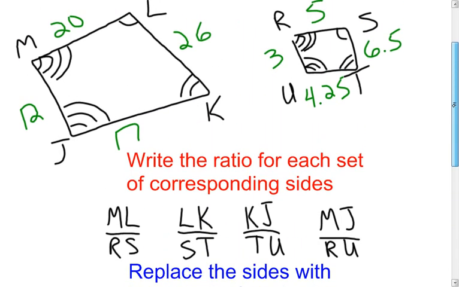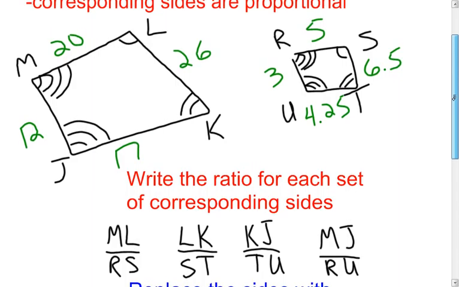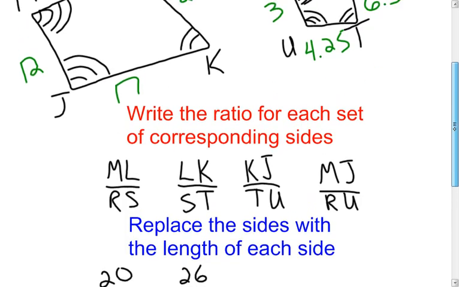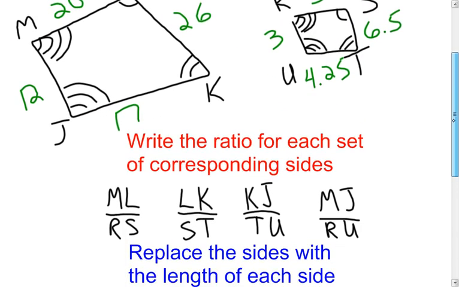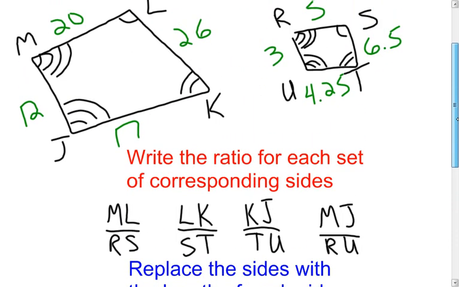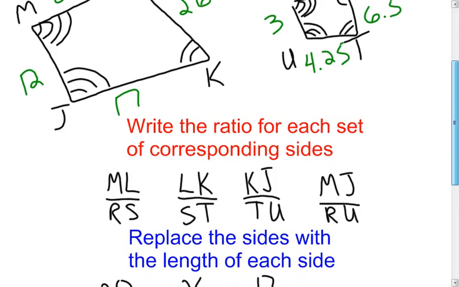Now I have the length of segment LK and the length of segment ST, so that's 26 over 6.5. My next one, the length of segment KJ and the length of segment TU, is 17 over 4.25. And last but not least, the length of segment MJ and the length of segment RU would be 12 over 3.